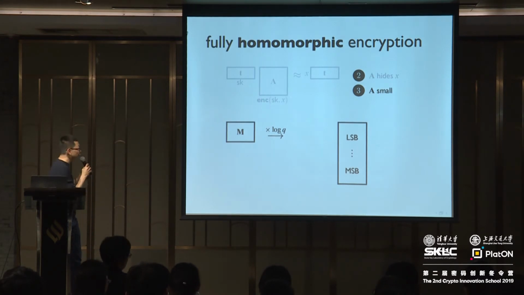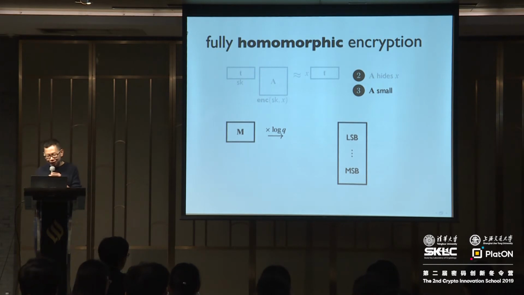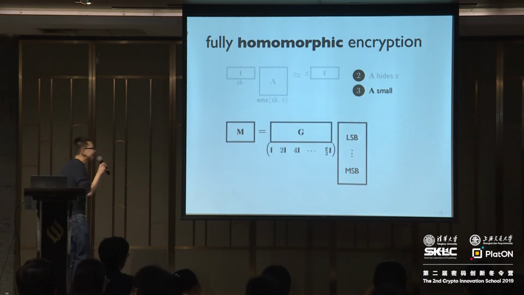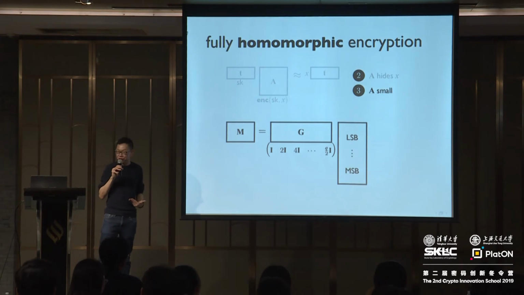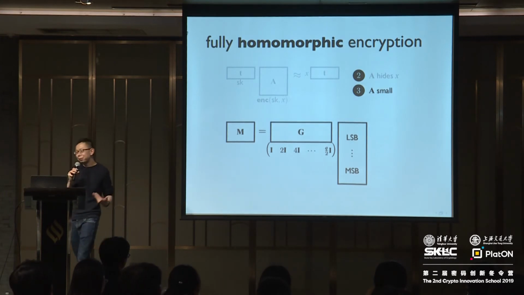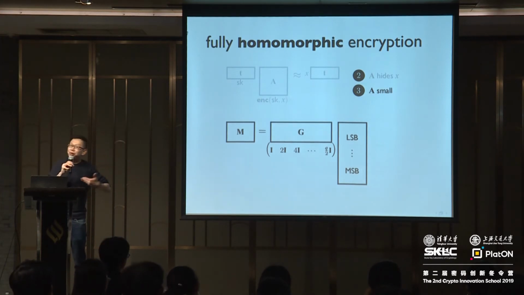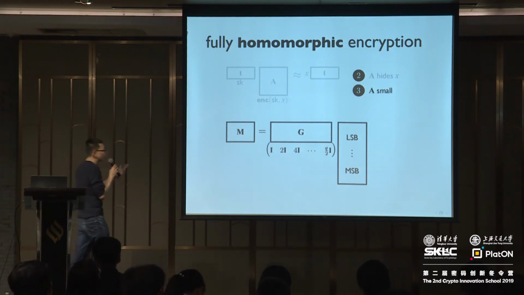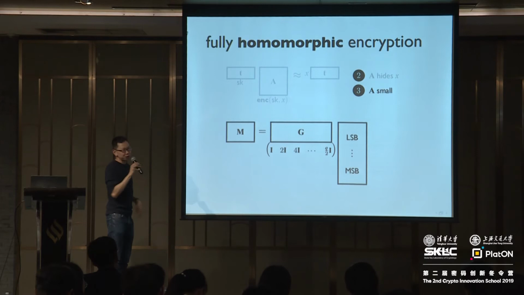Moreover, it has the following very nice property: if you multiply this matrix on the left by another matrix G, which is a fixed matrix, you can apply a linear combination to this matrix and recover the original matrix M. This fixed matrix is what we're going to call G, which we also refer to as a gadget matrix.